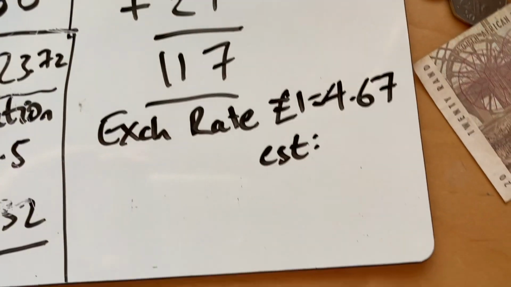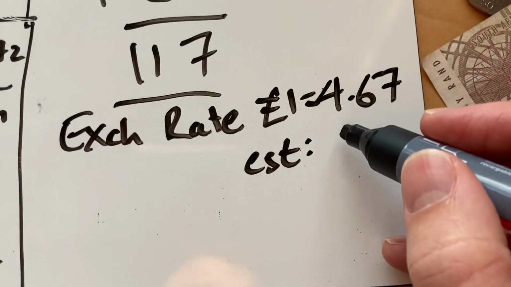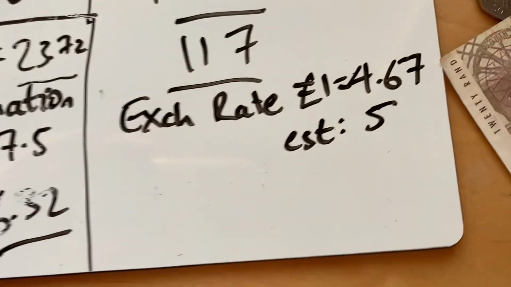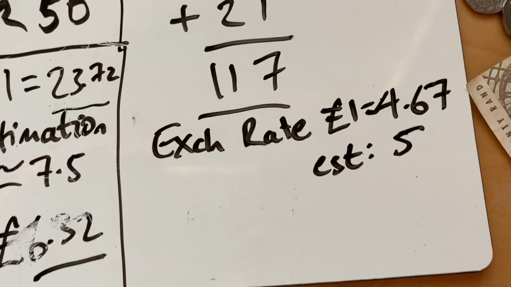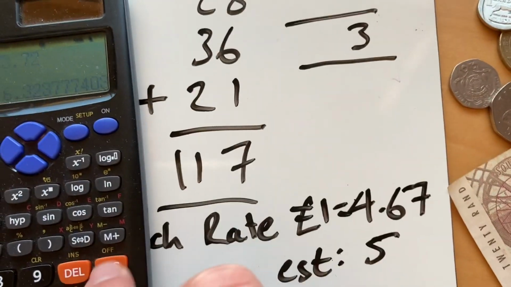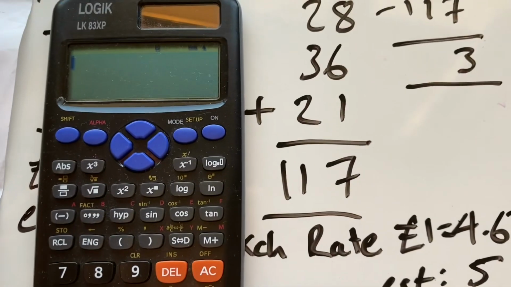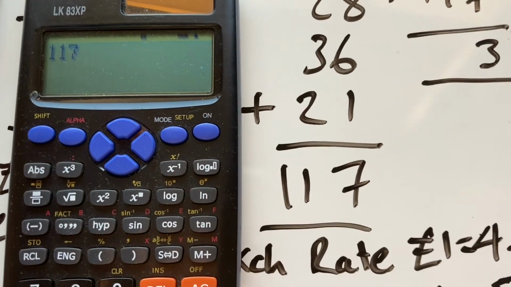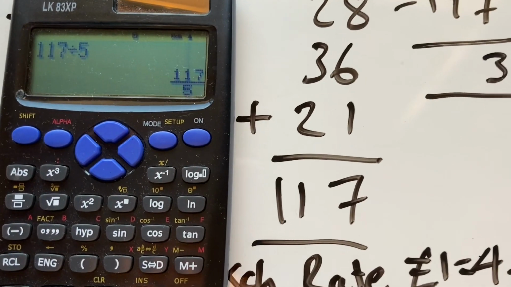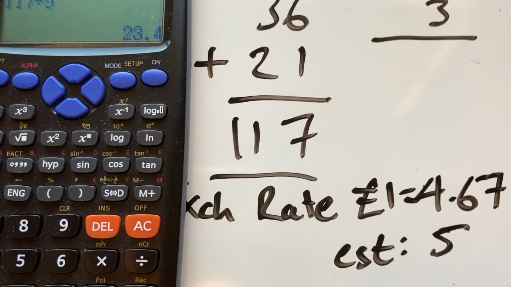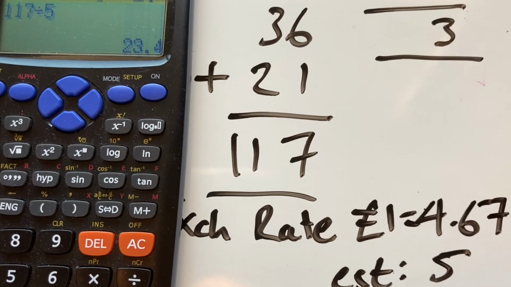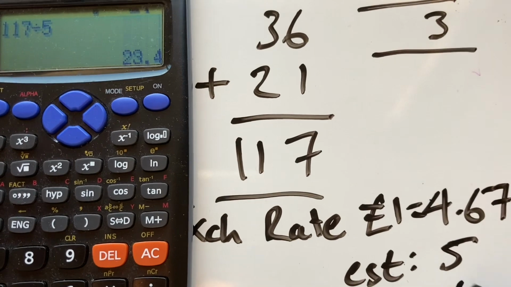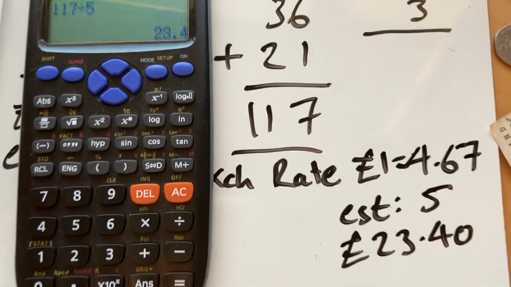Let's say that that is roughly 5. So let's take that 117 and divide it by 5. And that cost me £23.40 for those items that I bought.